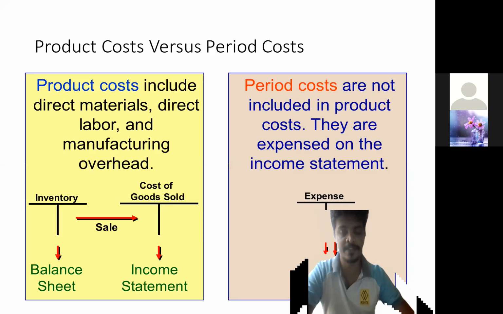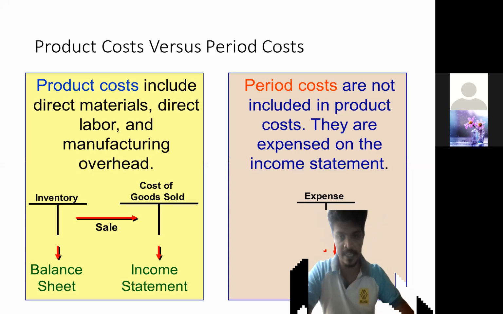Then we can transfer that amount to our cost of goods sold account. I will explain how to do this, but keep in mind that all these product costs we identify under the trade account.